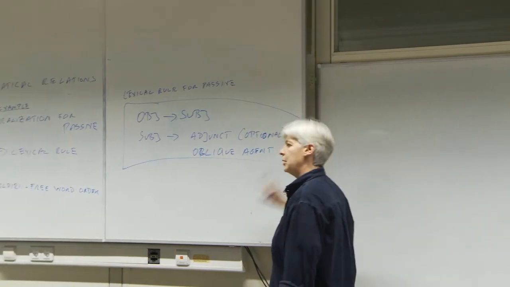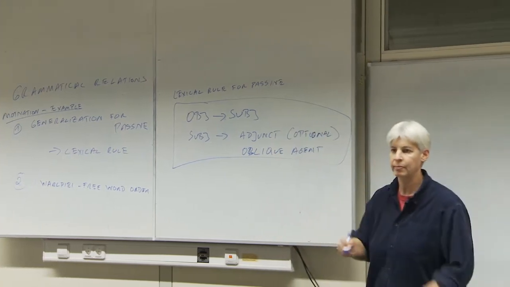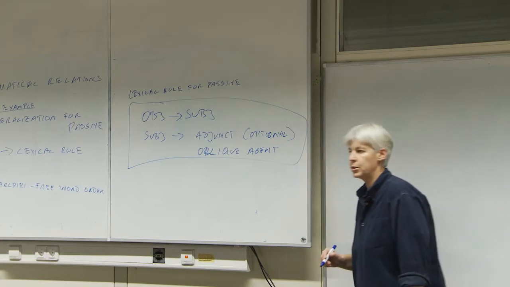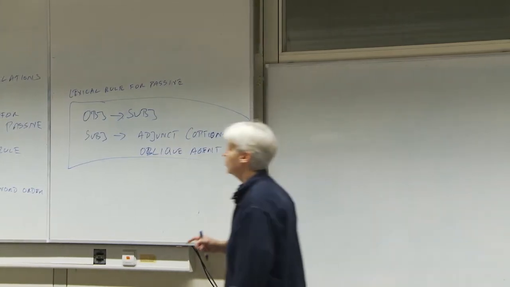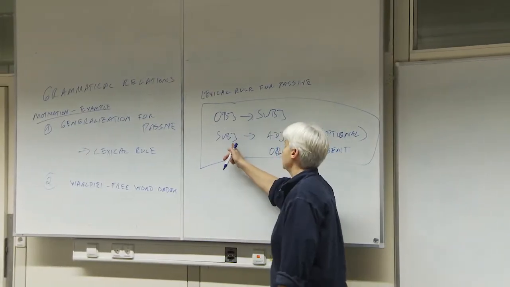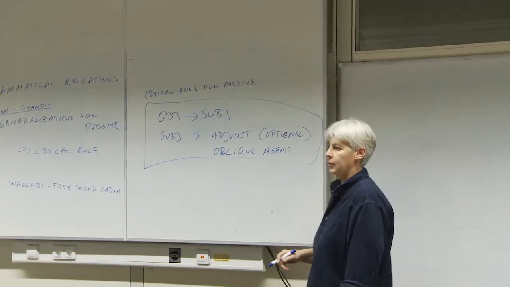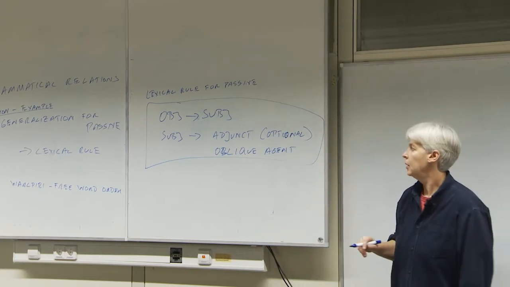There's a separate development that we'll talk about later with linking theory, where that's made better in a sense. But this is the basic lexical rule that people were talking about in the early 80s. And it still makes sense, because if you look at passives, generally objects become subjects in a passive, and the old subject is demoted. So you have, what was it? The tiger chased the cat, the cat was chased by the tiger, yeah?